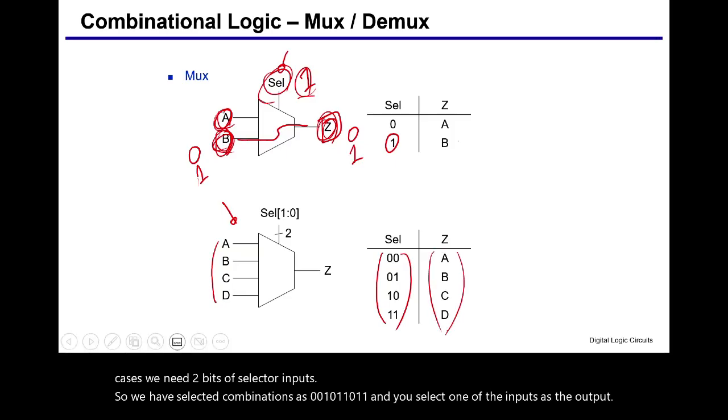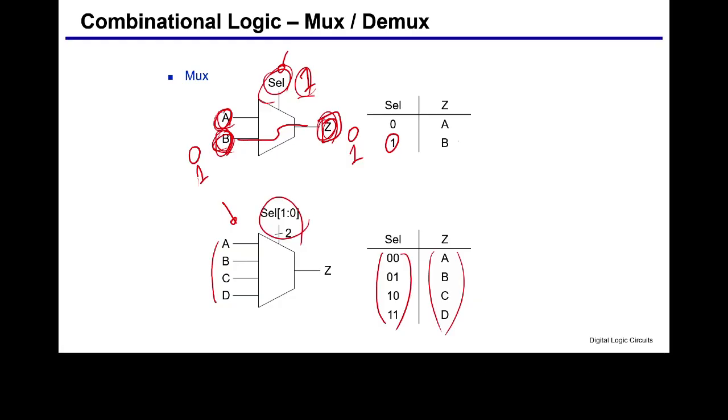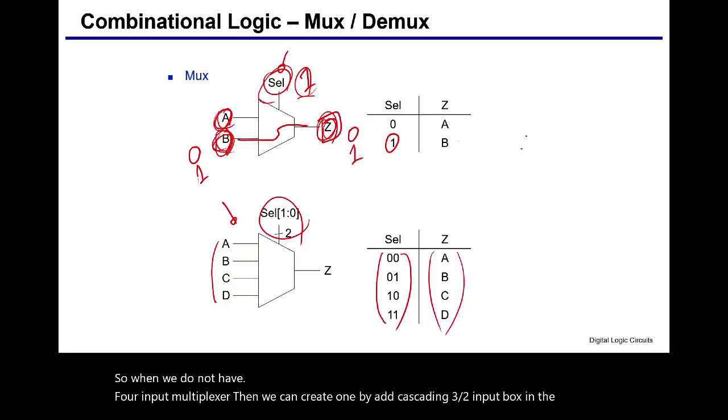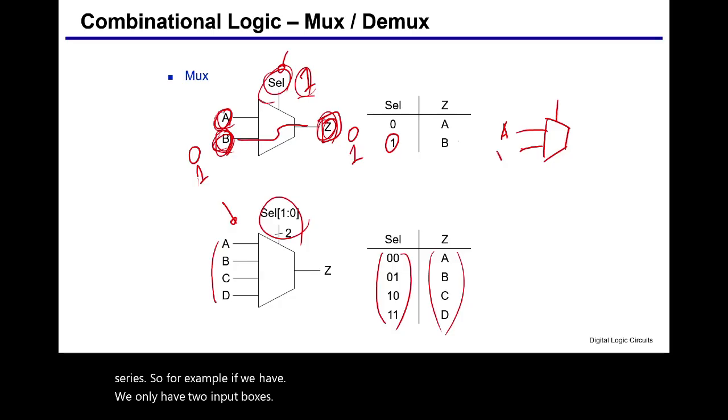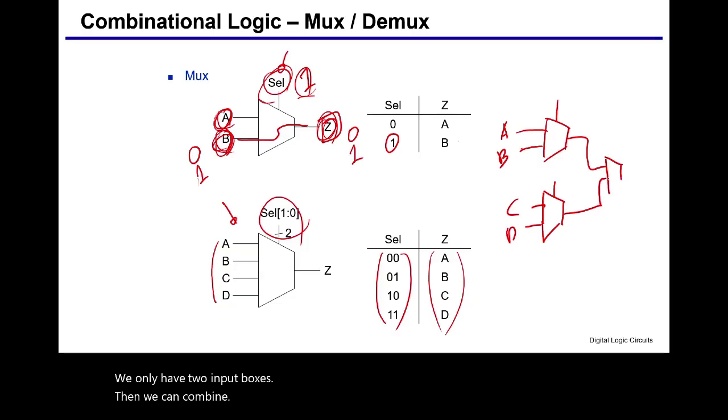We can always create this multiplexer. When we do not have a 4-input multiplexer, we can create one by cascading three 2-input MUXes. For example, if we only have 2-input MUXes, then we can combine the outputs of two MUXes into one, and then we have a 4-input MUX.